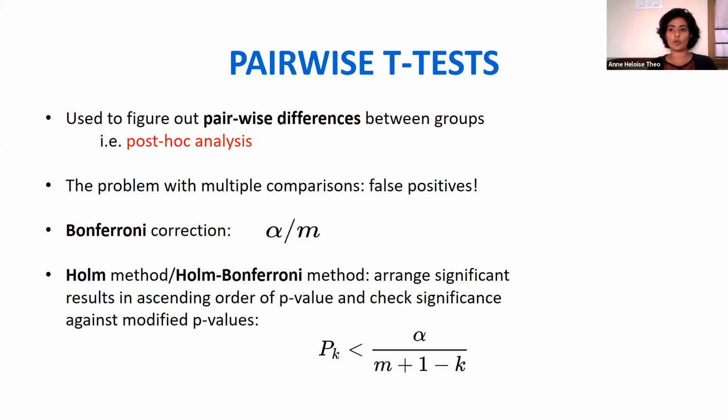You might miss a lot of significant results because of that. So if you have way too many comparisons, people generally use the Holm method. I'll describe both of them. This equation is way more complicated than it looks. You'll understand it when I demonstrate it.